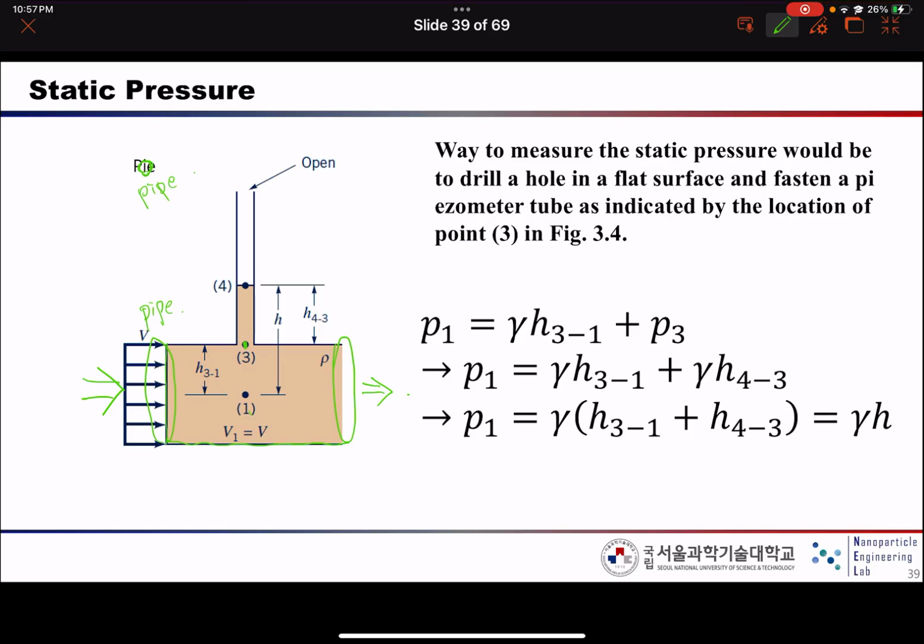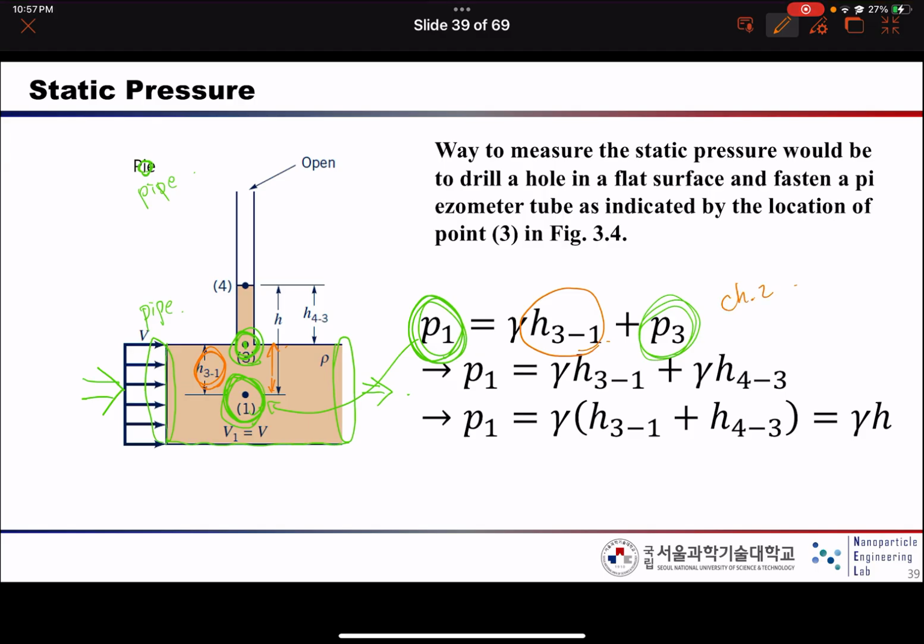This is the idea. Basically here P1 represents this point, and this one represents P3. To compare P1 and P3, you need to also consider this height. We learned this in chapter 2, right?